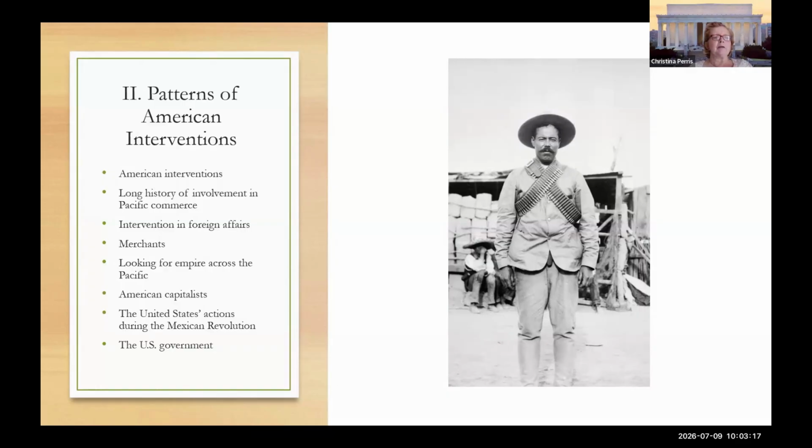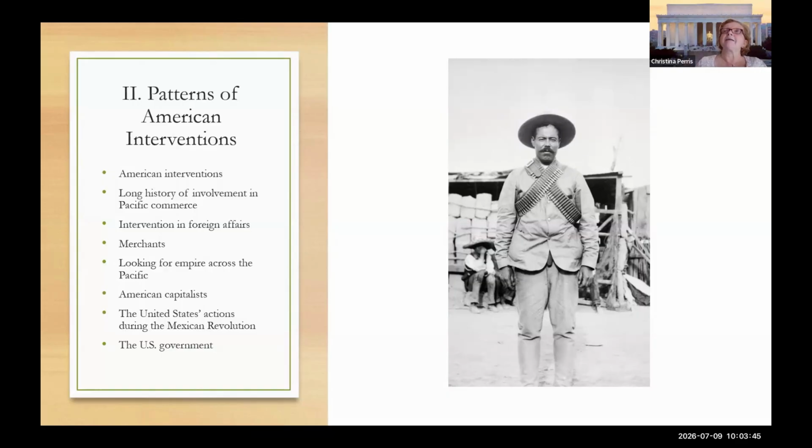When the brutal strongman Victoriano Huerta executed the revolutionary, democratically elected President Francisco Madero in 1913, newly inaugurated President Woodrow Wilson put pressure on Mexico as the new government and demanded that Huerta step aside and allow free elections to take place.